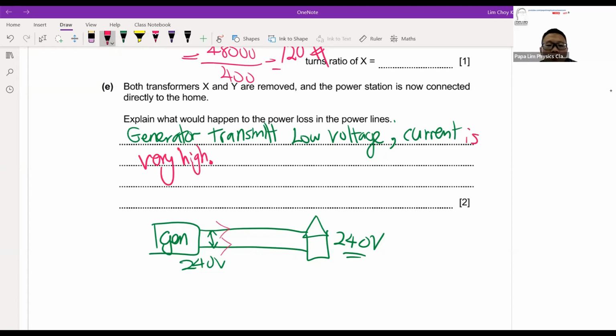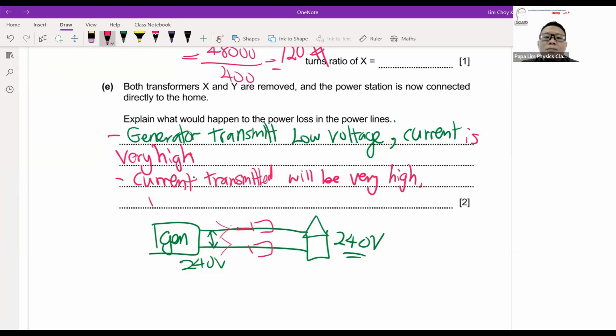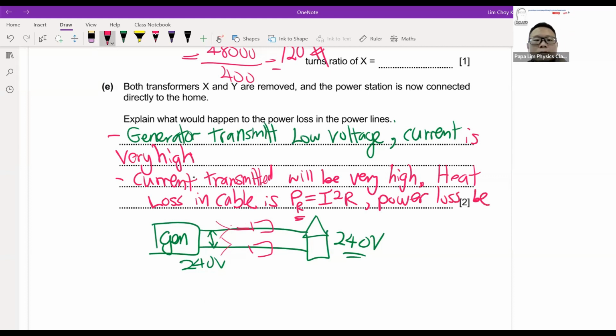What does high current mean? It means your heating effect, P equals I squared R, is large. So if your current is high, the power loss in the resistor here will be high.